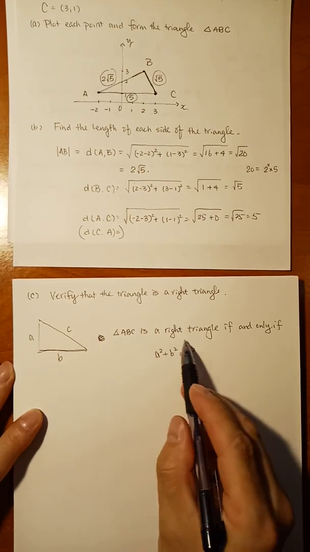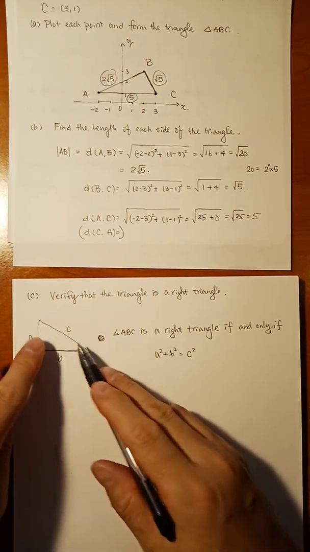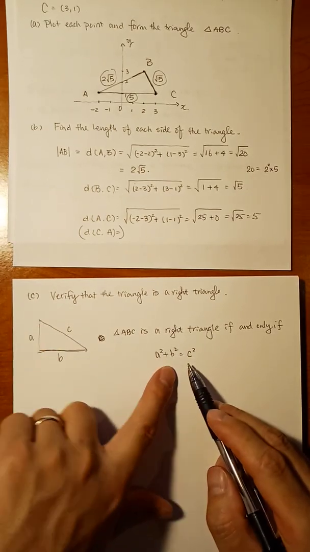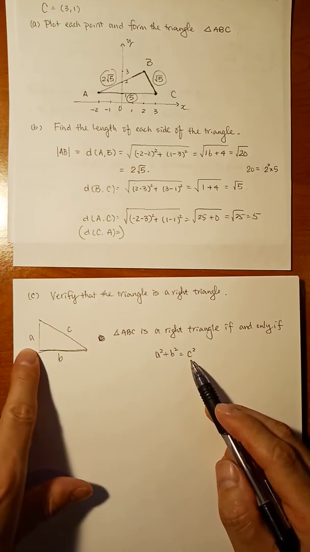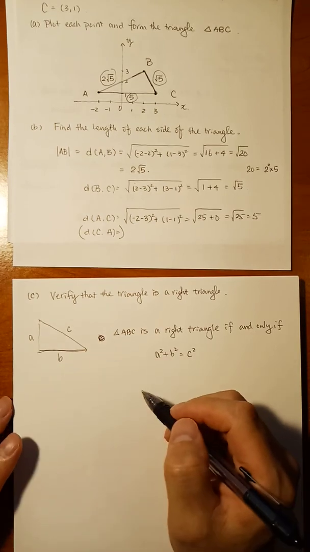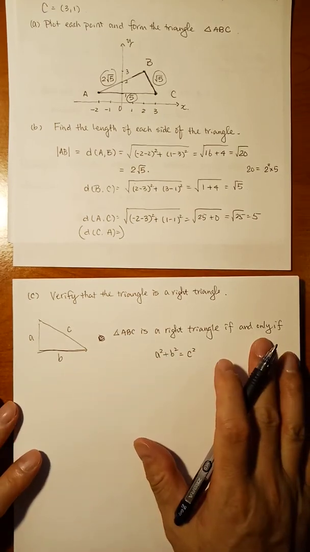So if we already know the length of the 3 sides and they happen to satisfy this condition, then we can claim this is a right triangle. That's the complete version of the Pythagorean theorem.